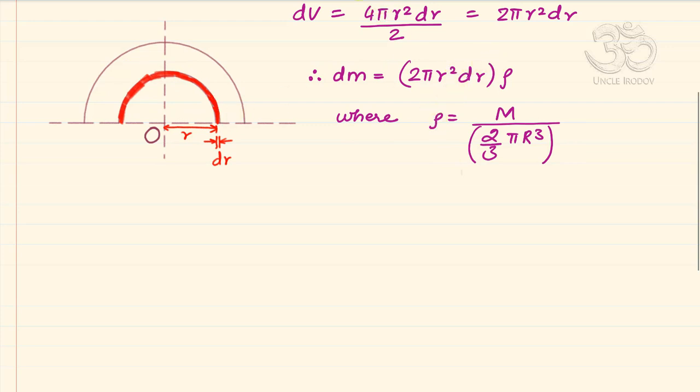And where is the center of mass of this red shell? The center of mass of the red shell is at a point that is small r/2 away from the center, because that is what we have seen for a shell. For a thin uniform shell, the center of mass is halfway through the radius.